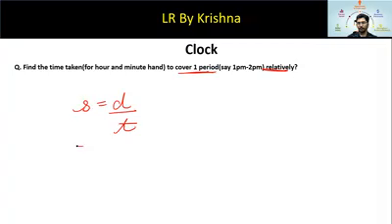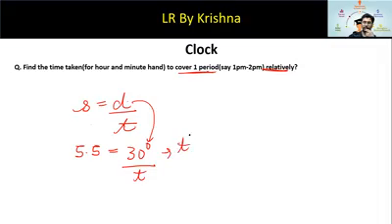What is the relative speed? 5.5. Good, Rishabh. What is the distance they need to cover? 30 degrees relatively. So how much time will they take? 30 divided by 5.5, it is nothing but 60 by 11. Clear? 60 by 11 minutes.